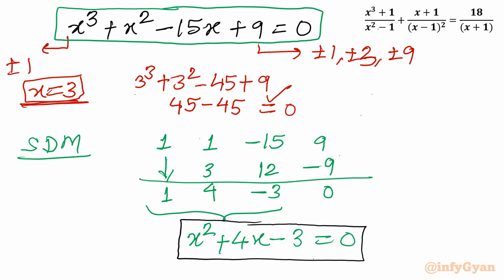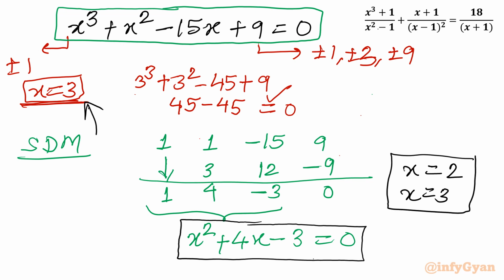So far our solutions are the first base solution, x is equal to 2, and the second base solution, x is equal to 3. And now we will find two solutions from this quadratic equation. X square plus 4x minus 3 equal to 0. Let us apply Sridharacharya formula.